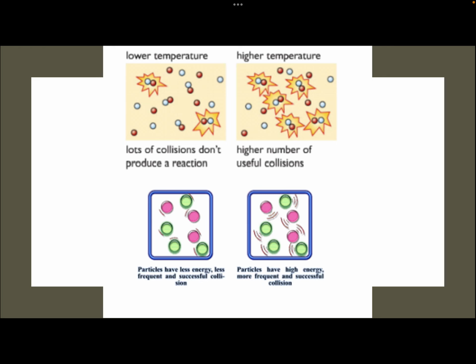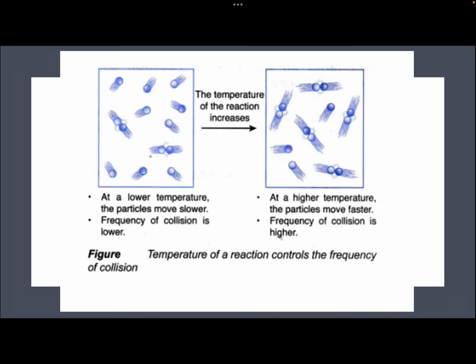And you can see an example here. The lower the temperature, the fewer the collisions will happen because the molecules are not moving as fast. But if we increase the temperature, then we are able to see more collisions. And once again, you can see here, the increase in temperature causes more particles to move faster because of the kinetic energy.